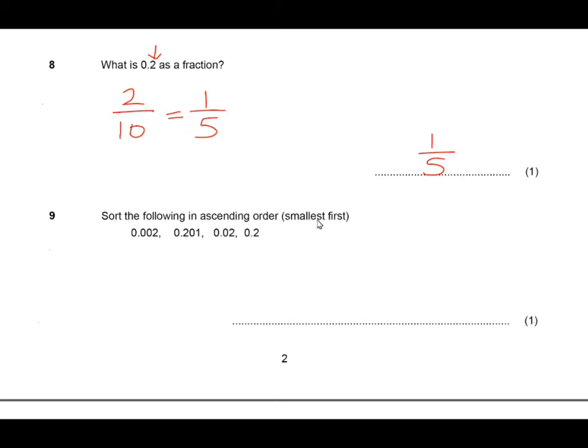Question 9. Sort the following in ascending order, in other words, the smallest number first. The trick with decimals is make them all the same length, so they're all 3 decimal places long. So that's what I'll do to the numbers. So I've got 2, 201, 20 and 200. So 2 is the smallest number. Then the next smallest is 20.